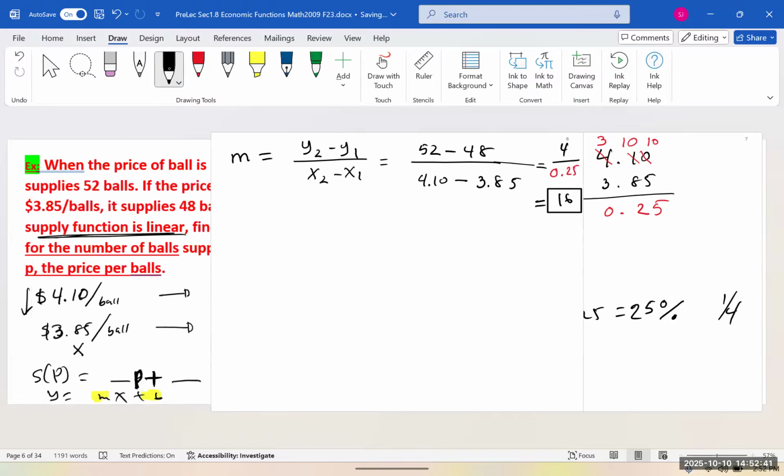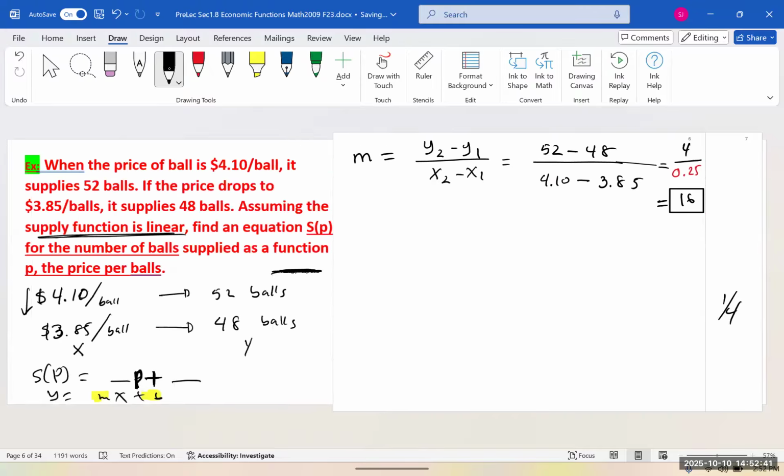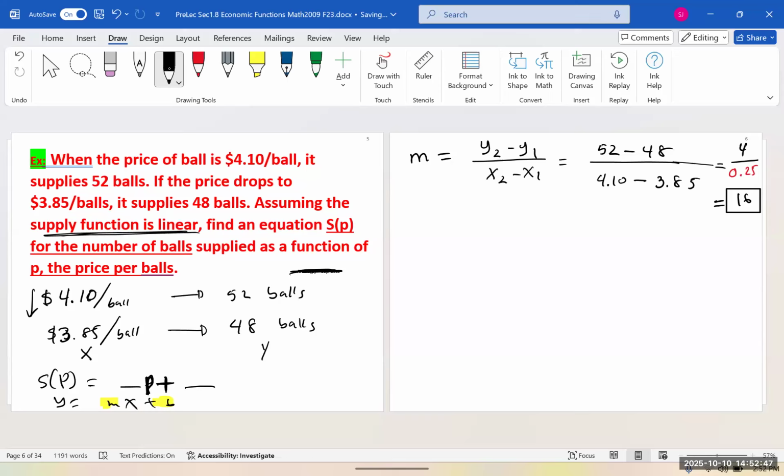So we found our m, but now we need to find b. Do you remember how to find b? At least if you know your m, what do you do next? y minus y1 equals slope times x minus x1. Do you remember this?